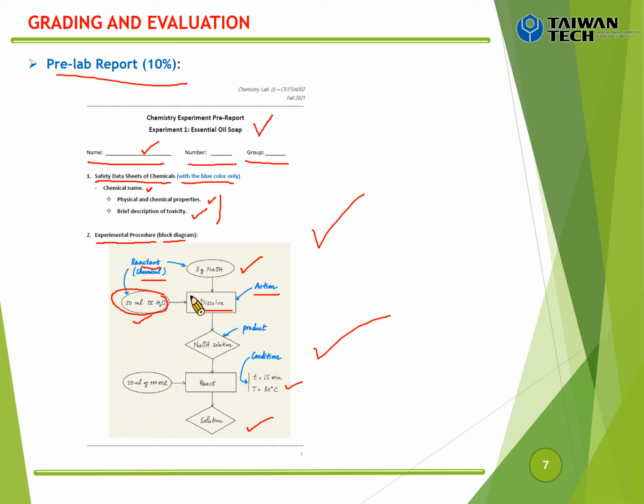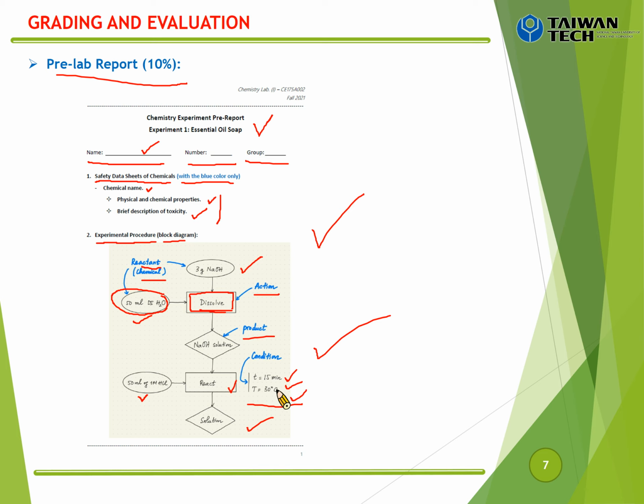And then for the action, we use the rectangle, you draw it like this, okay? And this shape you use for the products, what you get, okay? And later you have another reaction, this one also an action, you use this shape, and another reactant here, and this is the product. And the condition for your reaction, maybe the time or the temperature, you put here.